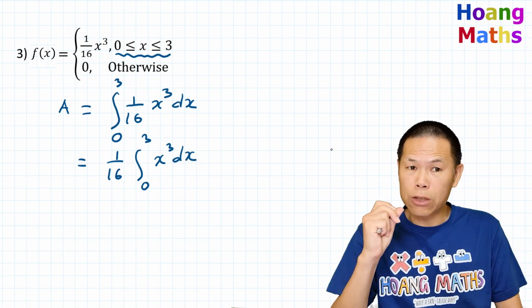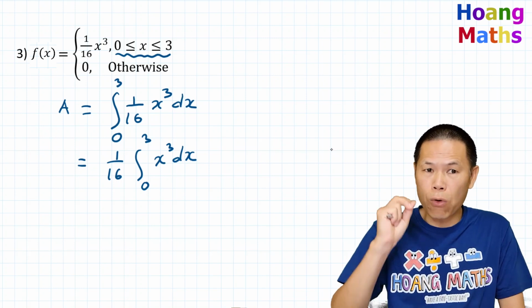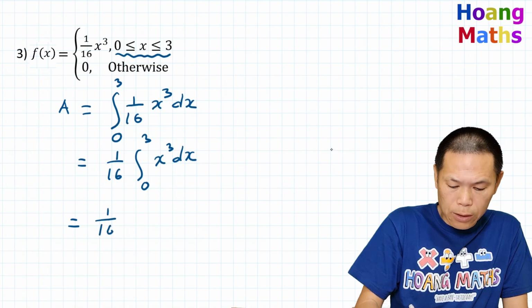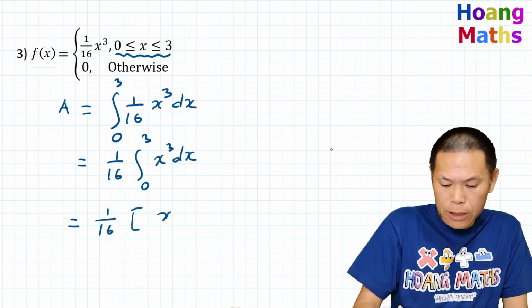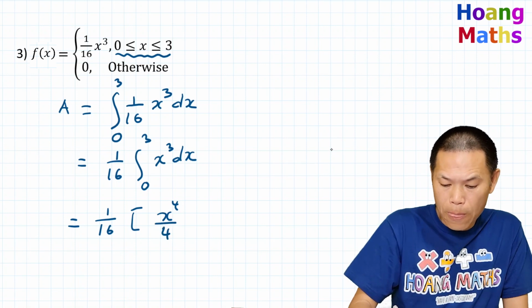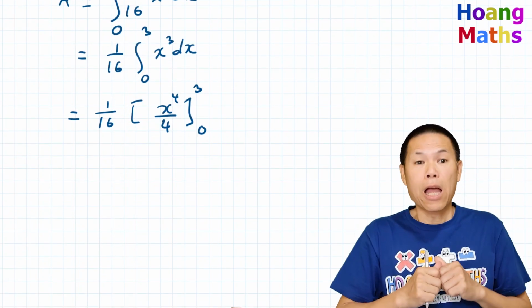So to integrate x to the power 3, 3 plus 1 is 4. So x to the power 4 over 4. So that is equal to 1 over 16, x power 4, because 1 plus 3 is 4. We divide by 4. And this is from 0 to 3. So what I do now is I just take the 4 out.